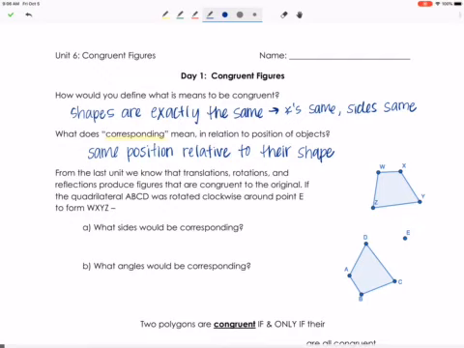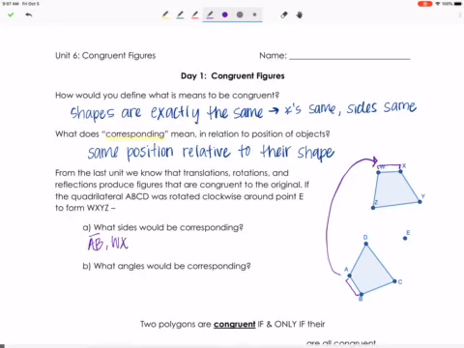So again, we talked about in the last unit rigid transformations producing congruent figures. This first question says if the quadrilateral ABCD was rotated clockwise around point E so that it would form WXYZ as its image, what sides would be corresponding? If we think about AB, the top short side would have rotated around to become the same side as WX.